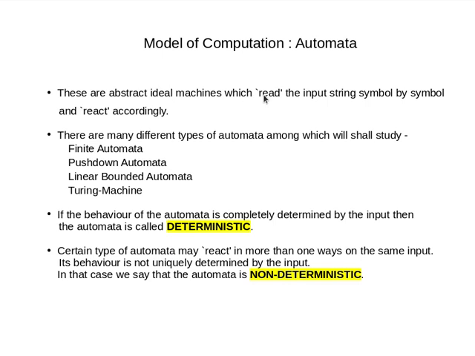Okay, so what are automata and what are grammars? Automata are more like machines, and grammars are like rules, grammatical rules. As I already said, these are mathematical, abstract and ideal machines which read the input string. Input is always a string, and it reads the string symbol by symbol. You can think of the machine acting in discrete time steps.